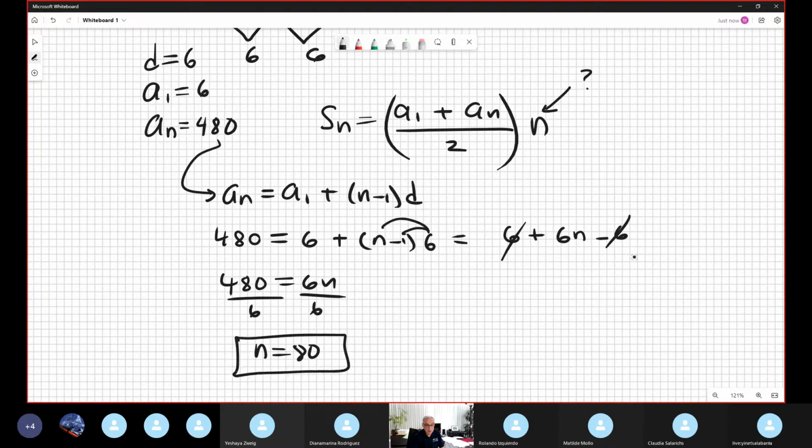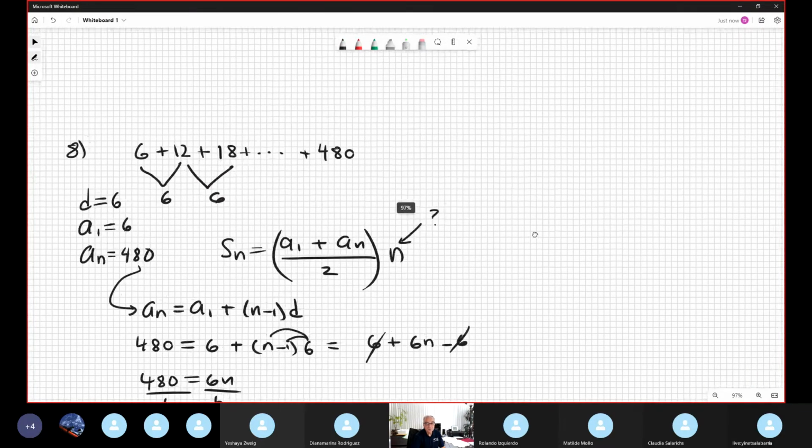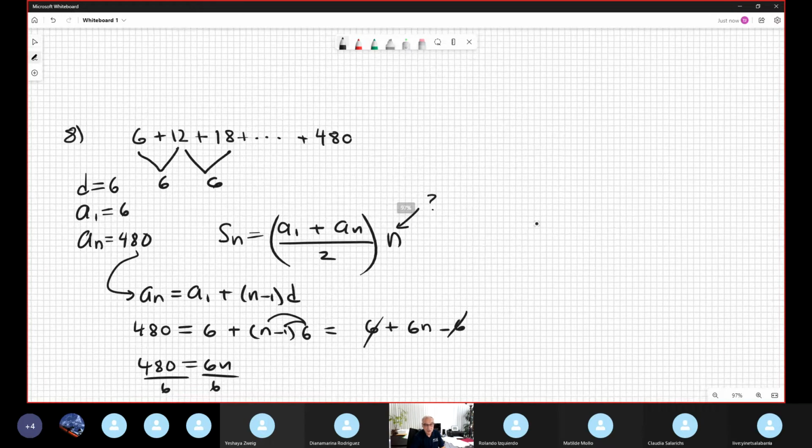n is the number of elements. So actually, this summation, if you want to express it in summation notation, you need a summation from k equal 1 to 80 of this expression.